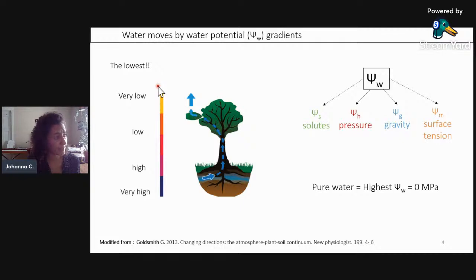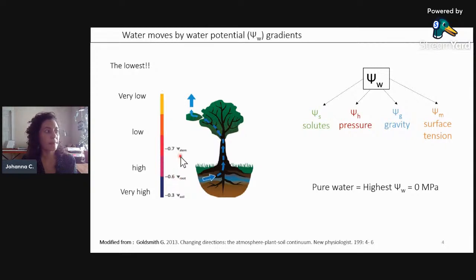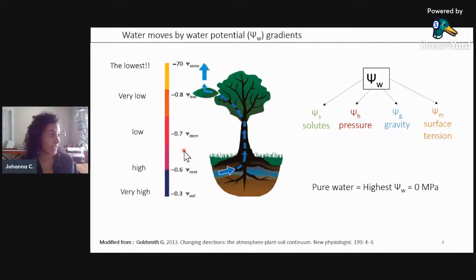So if we add numbers to the tree, here you can see that soil is around minus 0.3 megapascals. And then if we go up, roots will have a minus 0.6, so it's a lower water potential. Then stems will be minus 0.7, and leaves will be around minus 0.8. And then here is a very important step. In the atmosphere, you see it is around minus 70 megapascals.